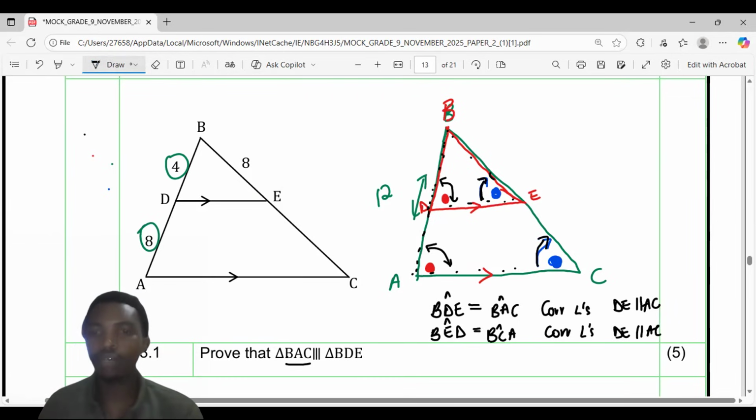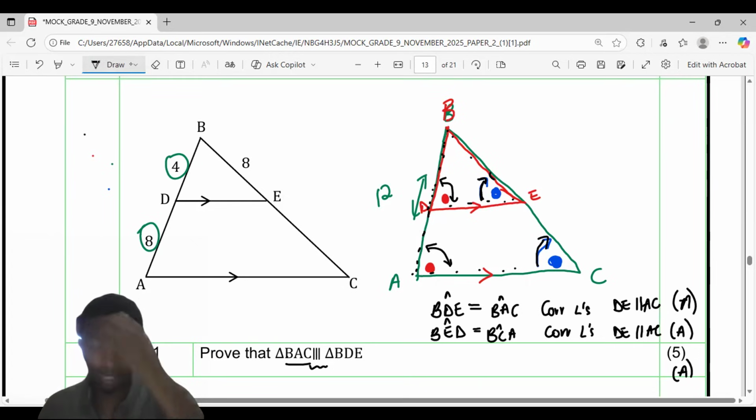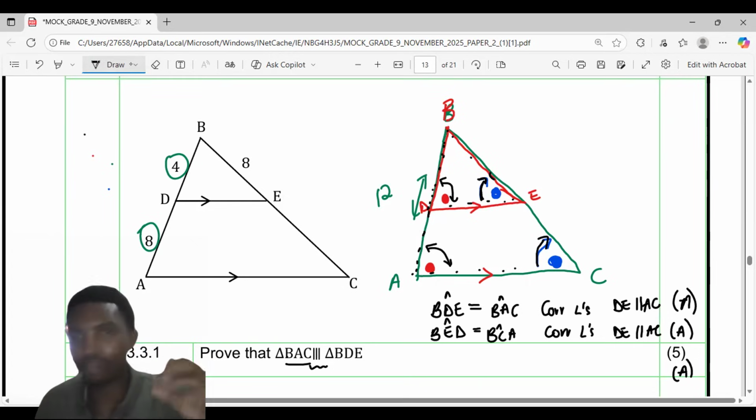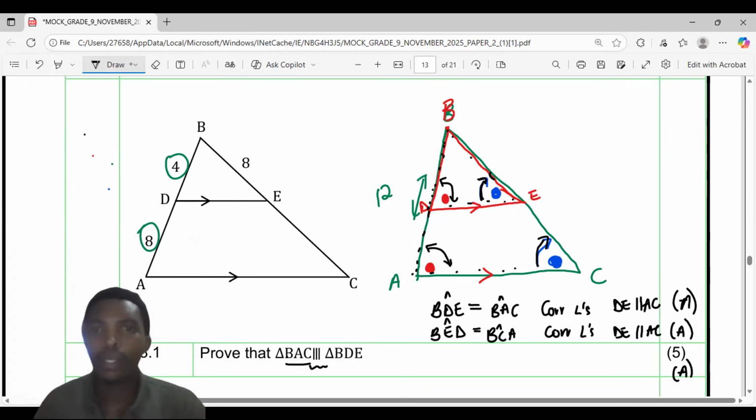So now we're only left with the third angle. Remember, for similarity, if we get two angles equal, it means they are similar. And then we have this angle here.